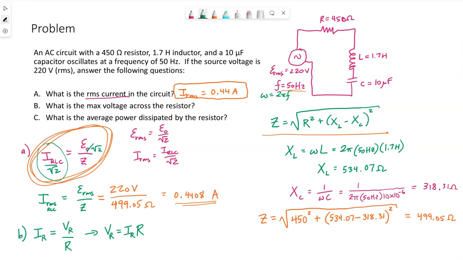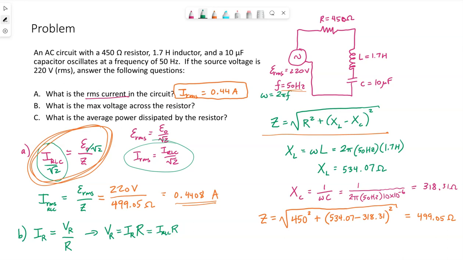Well, we don't know the peak current. We do happen to know the RMS current, and we know the relationship between peak and RMS. The current through the resistor is the same as the current that flows through the whole circuit. I R is I RLC in this case because the resistor is in series. All these elements are connected in series, so they all have the same peak value of current.